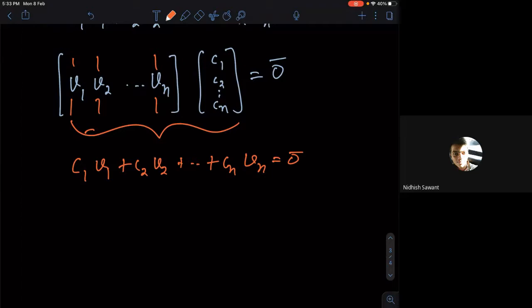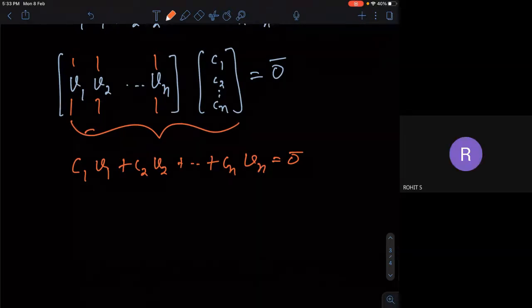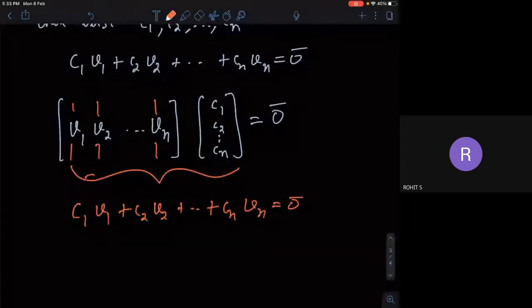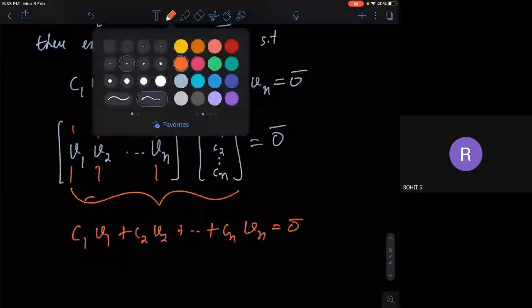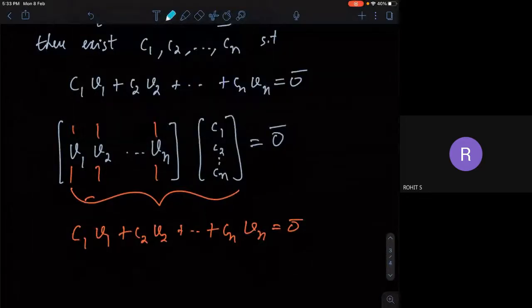Is it clear? Yes, sir. Okay. So when I am saying these vectors V1 to Vn, if things are not clear or you have any doubts, stop me and get things clarified.